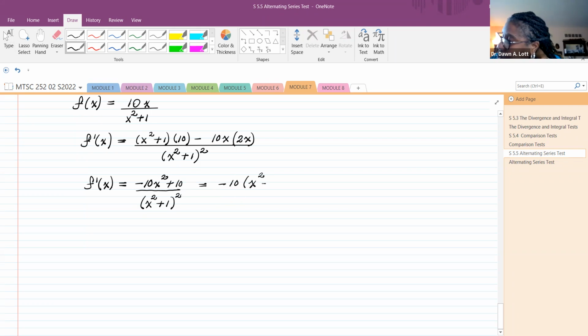You get x squared minus 1 divided by x squared plus 1 squared. And that is truly less than 0 if x is bigger than 1.